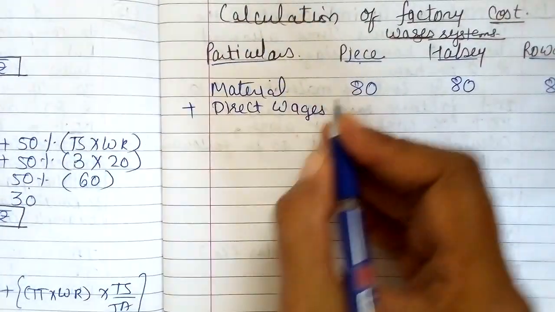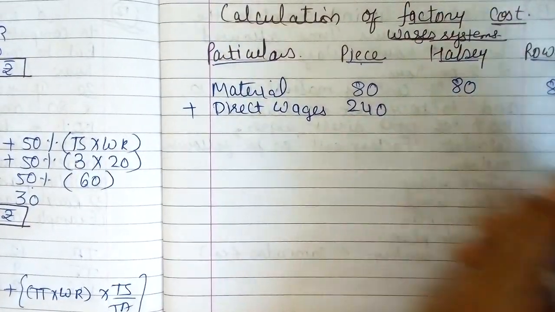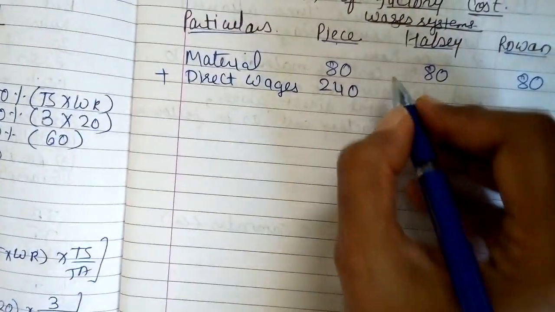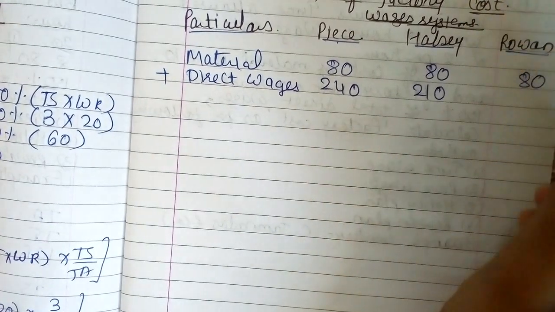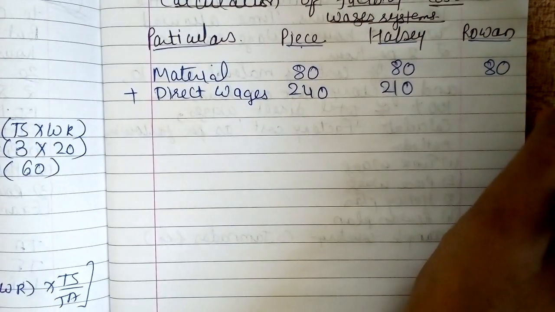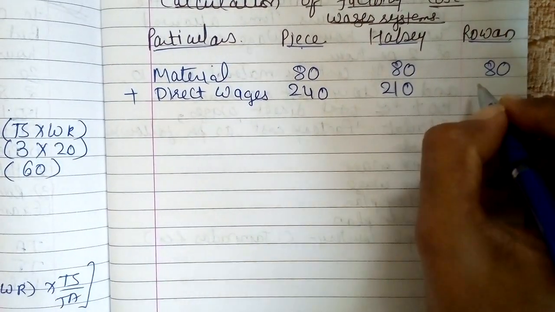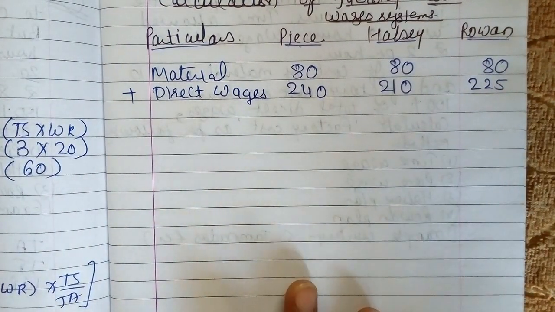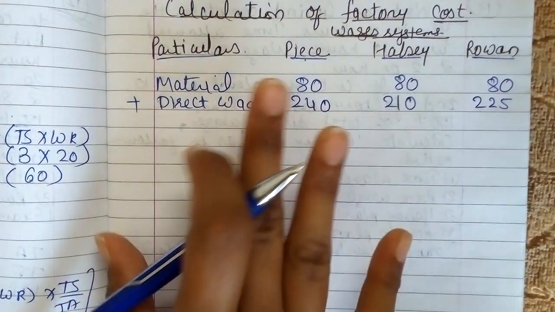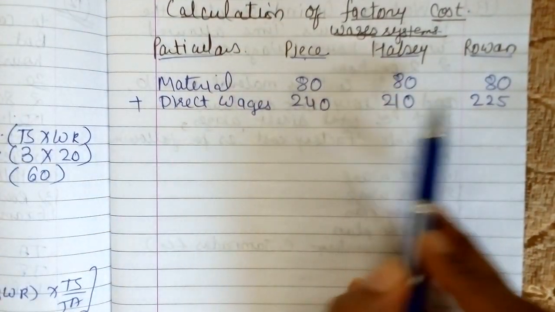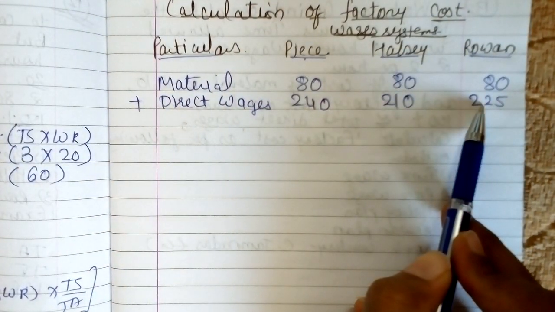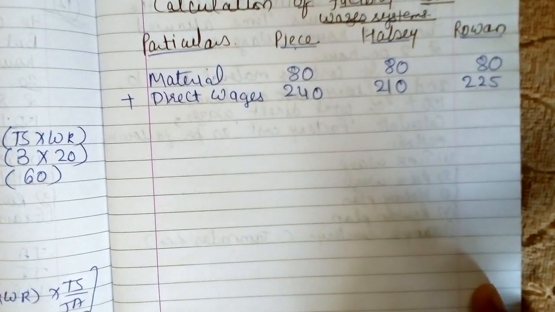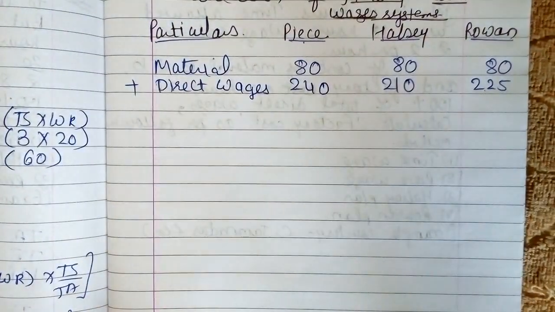As per piece wage the answer was 240. So here 240. As per Halsey plan we have calculated the wages 210 and as per Rowan plan the wages was 225. So I can say before calculating the factory cost we need to have such amounts, and this can be found out by putting the formula of piece wage, Halsey and Rowan.